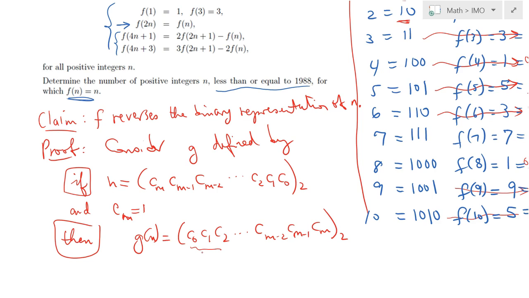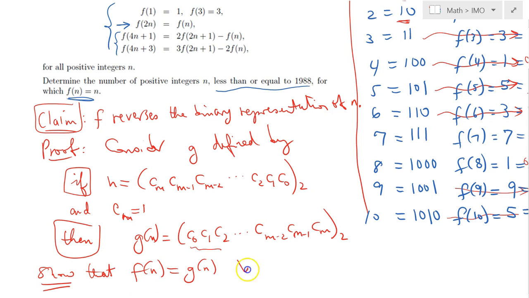But that's it. So now in order to finish the proof of this claim, all we need to do is to show that f of n is equal to g of n for all n.